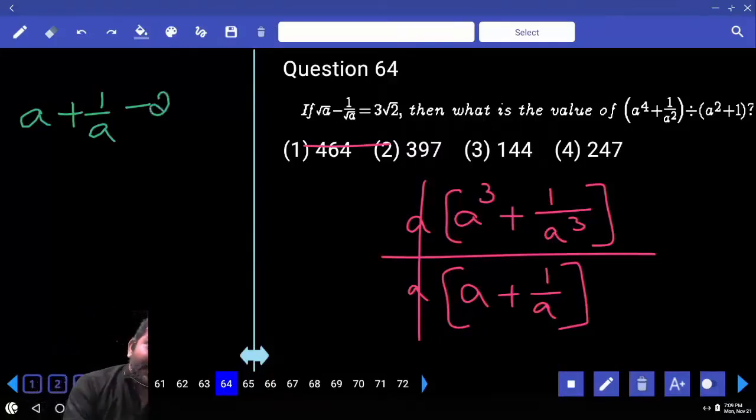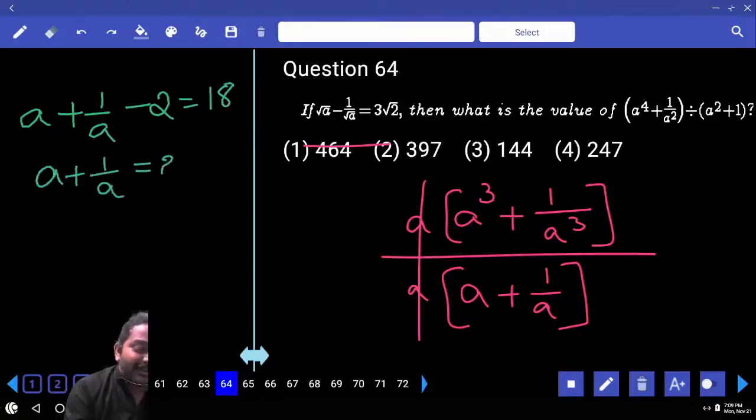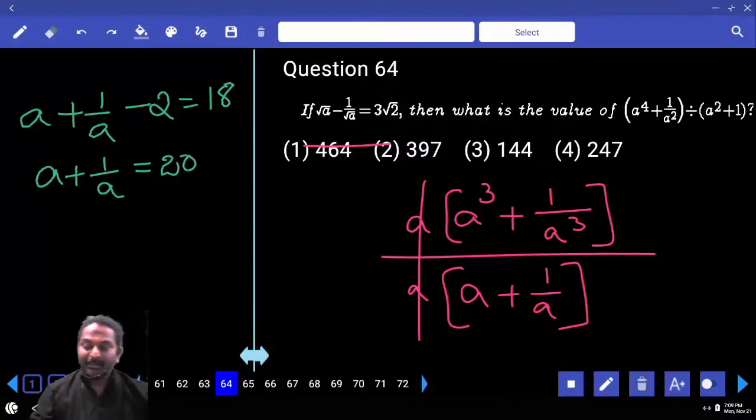Minus 2 is equal to 3 root 2 whole square. 3 square is 9, root 2 whole square is 2. How much is that? That means a plus 1 by a is equal to 20. The denominator value is clear, right? That is 20. And now we need to identify a cube plus 1 by a cube.